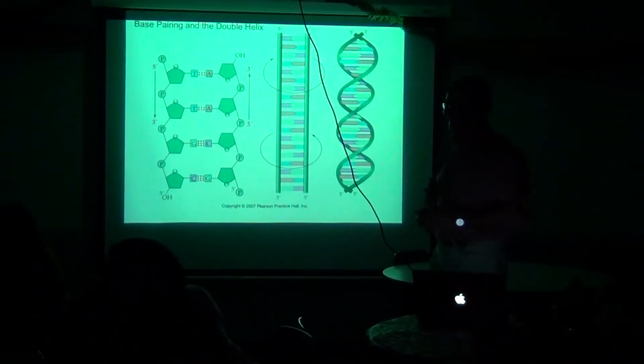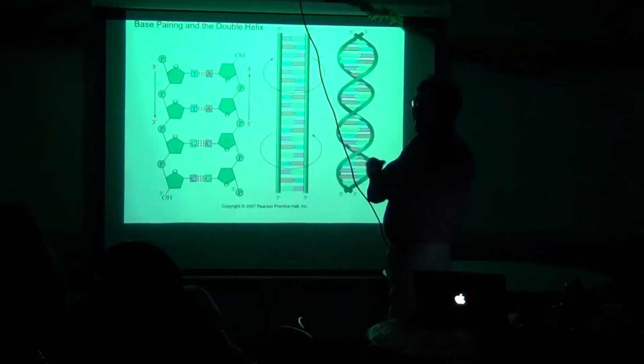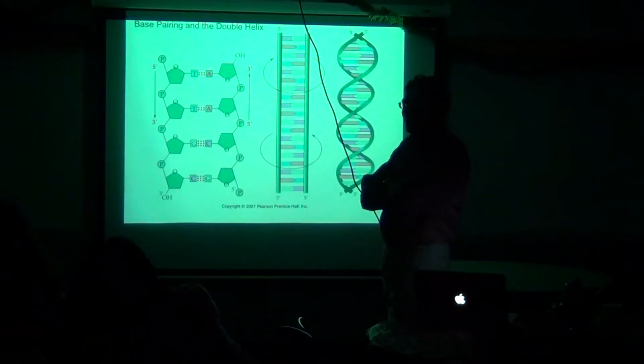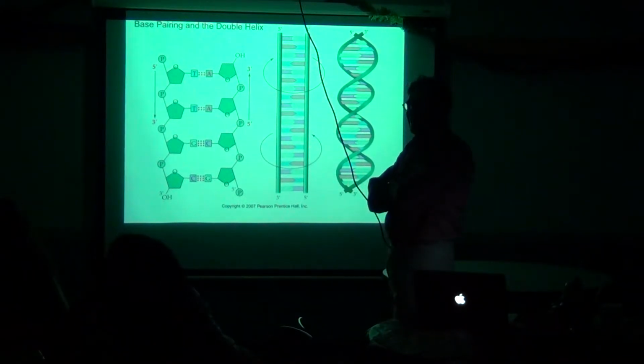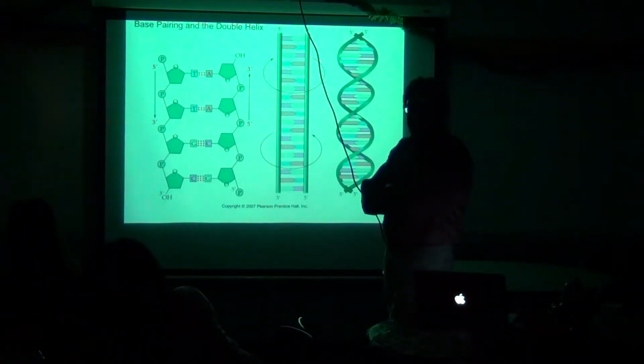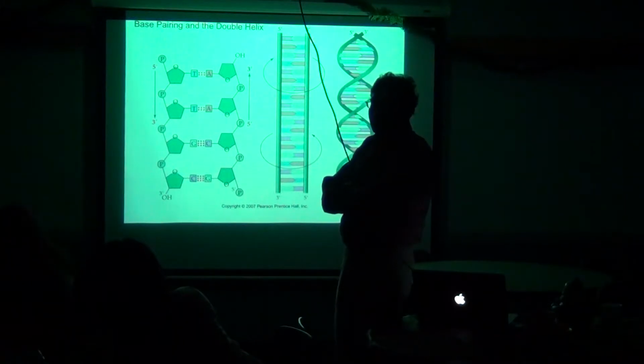I'm gonna take a random guess. Is it because it takes up less space? It takes up less space, that's a good reason. That's actually one of the principal reasons underlying it. Maybe it's because the hydrogen bonds may be a little loose somewhere, there may be 2 hydrogen bonds somewhere, or 3 hydrogen bonds.